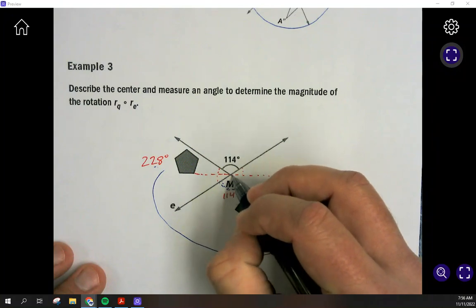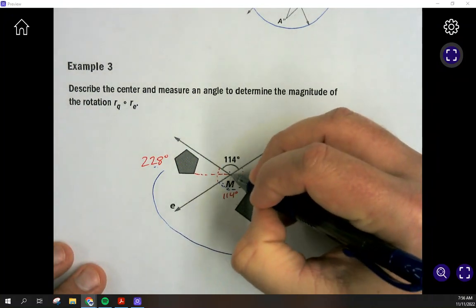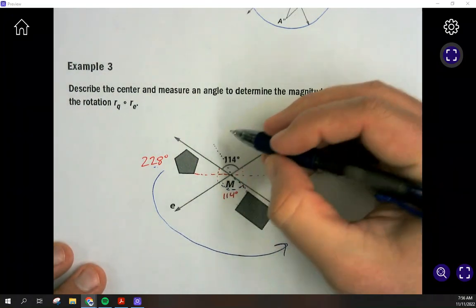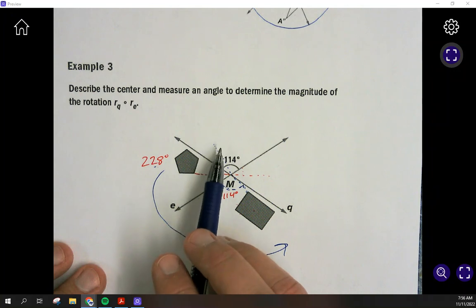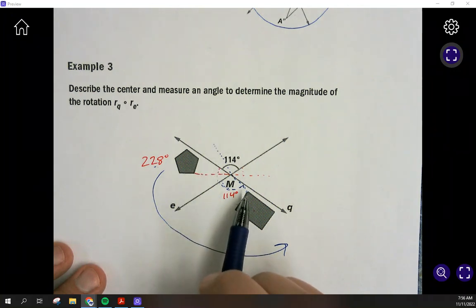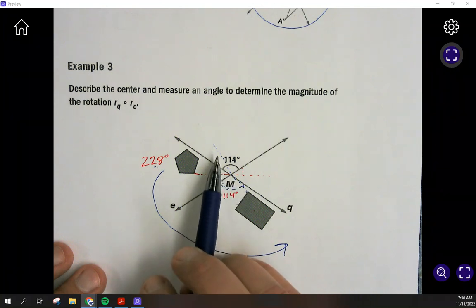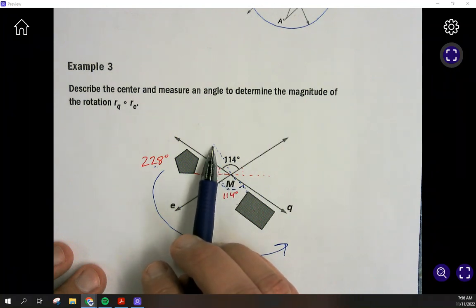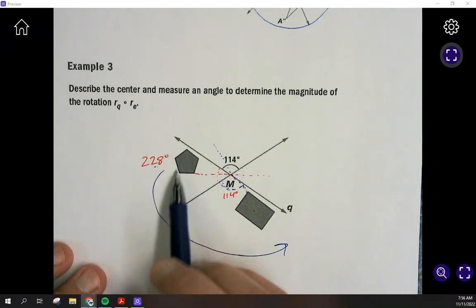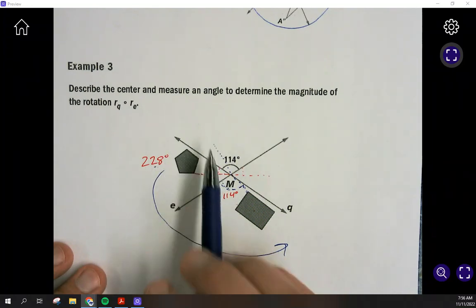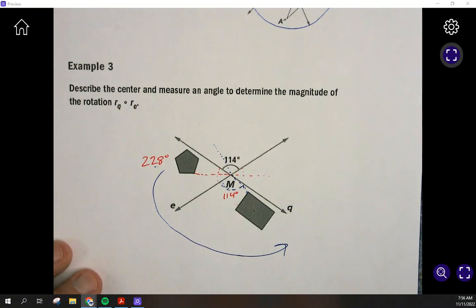This line through M, if after all of my flipping and rotations, I ended up over here, that would be 180 degrees. But if I take this and I flip it over E, 90 degrees, it's going to be somewhere over here. And then when I flip it over Q, it's going this way. And so my final shape's going to be over here, less than 180 degrees away.